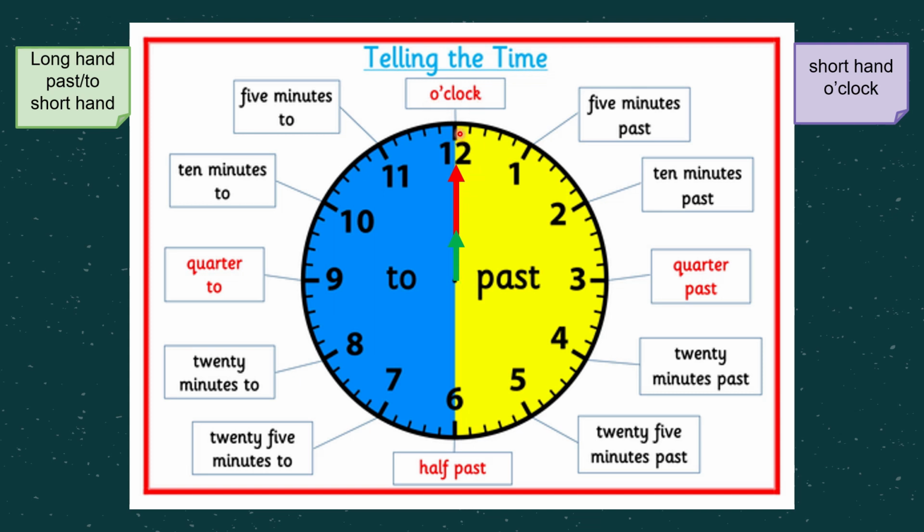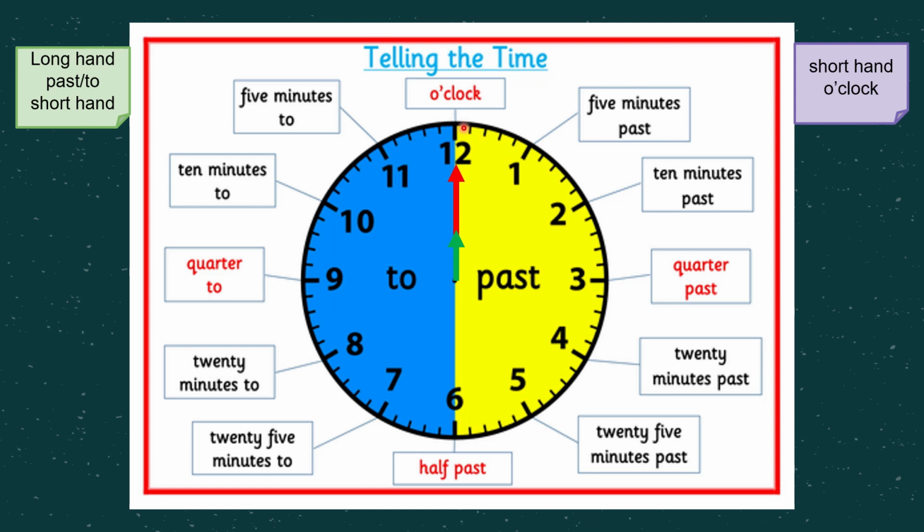So, in this example, we will be using this formula, which is shorthand and the word o'clock. So, this is 12 o'clock.